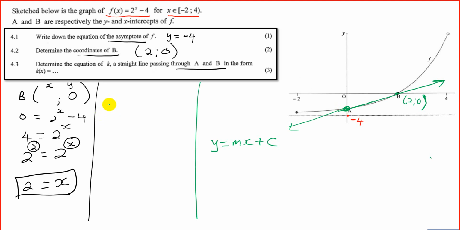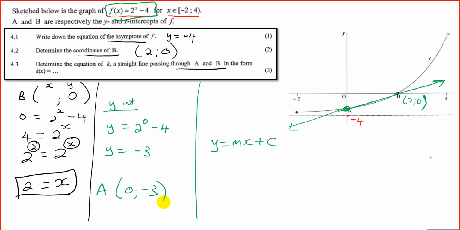So I'm going to quickly find that y-intercept, and the equation is y is equal to, going to the exponential equation, 2 to the power 0 minus 4, and that actually gives me negative 3. So my y-intercept, which is point A, is actually 0, minus 3, which I can also put on the graph.